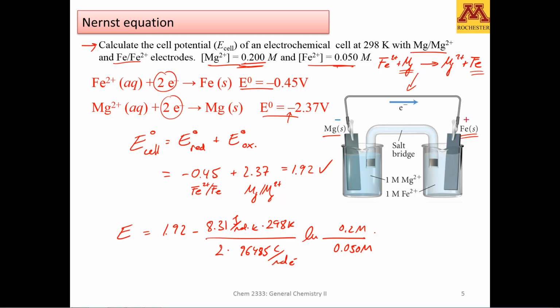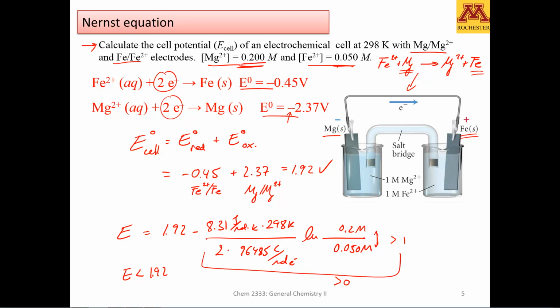Does that make sense? Well, this ratio here is going to give something larger than 1. This means that this thing is going to be positive, but with a negative in here, something you will be subtracting from 1.92, therefore your E will be smaller than 1.92.